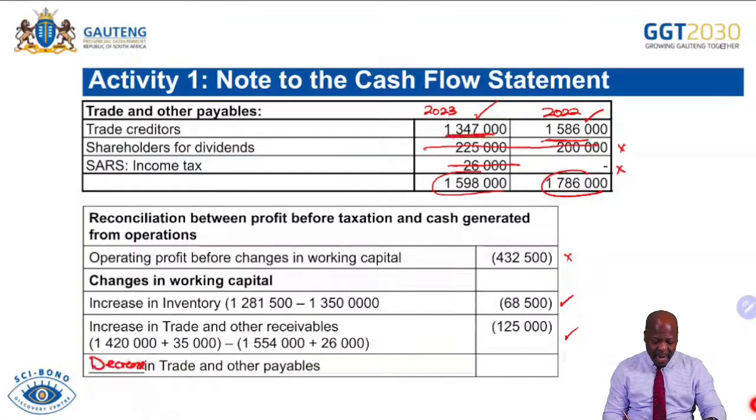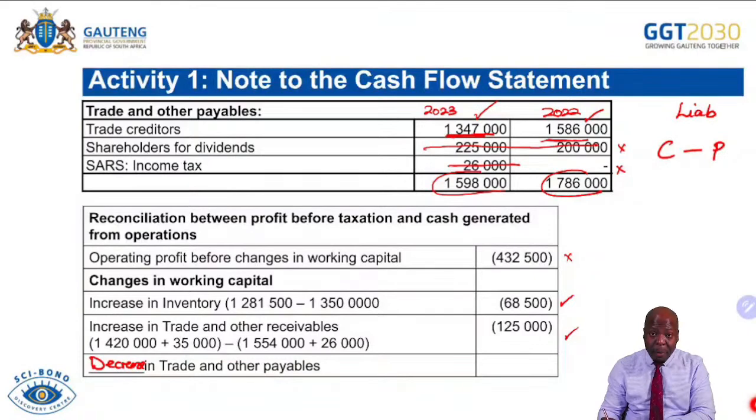So now we are coming here, whereby it is now a liability. Since it is now a liability, what would be the formula? It would be your current minus previous, because now we are dealing with a liability. Your current minus your previous.